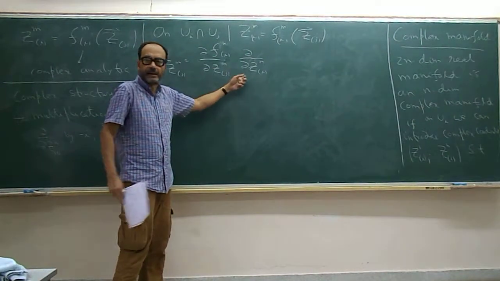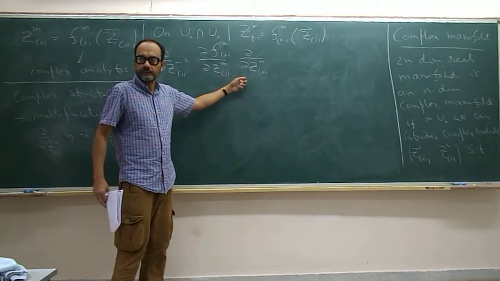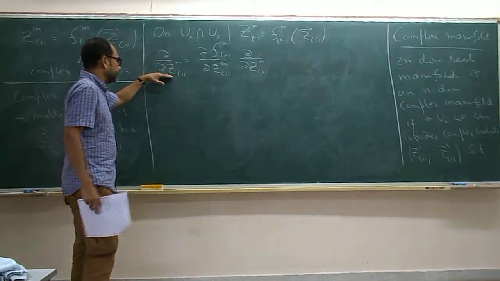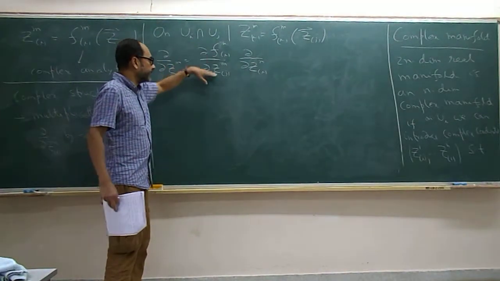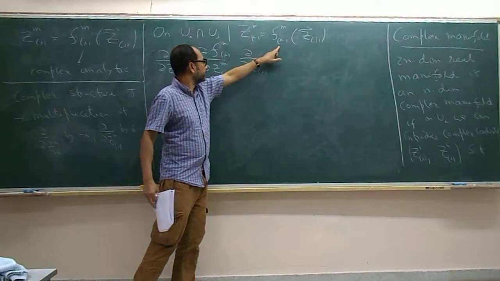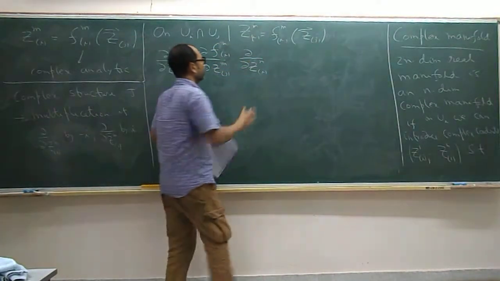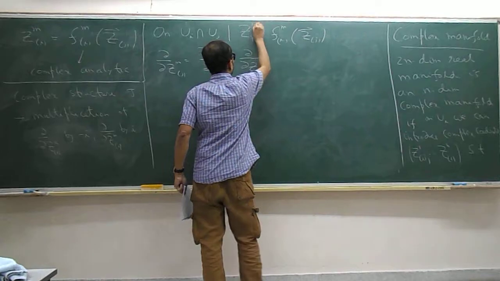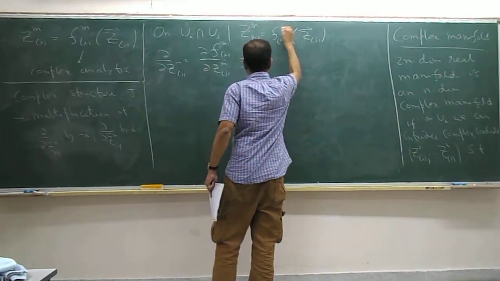This is just the chain rule of differentiation: ∂/∂Z_m^j is equal to ∂Z_n^i/∂Z_m^j times ∂/∂Z_n^i, and Z_n^i has this form. I can put n on both sides.